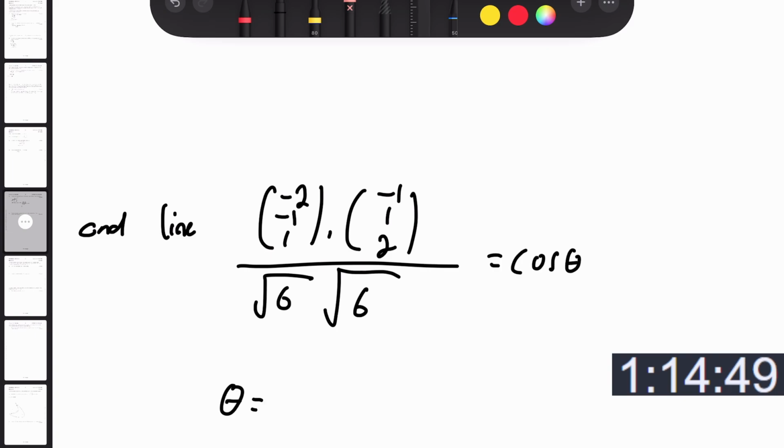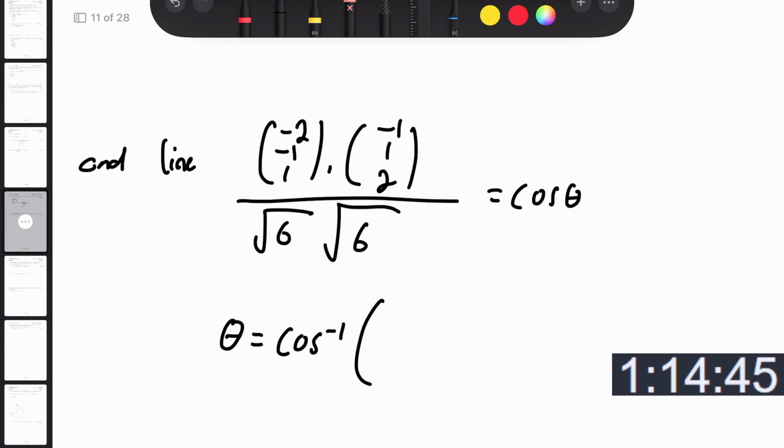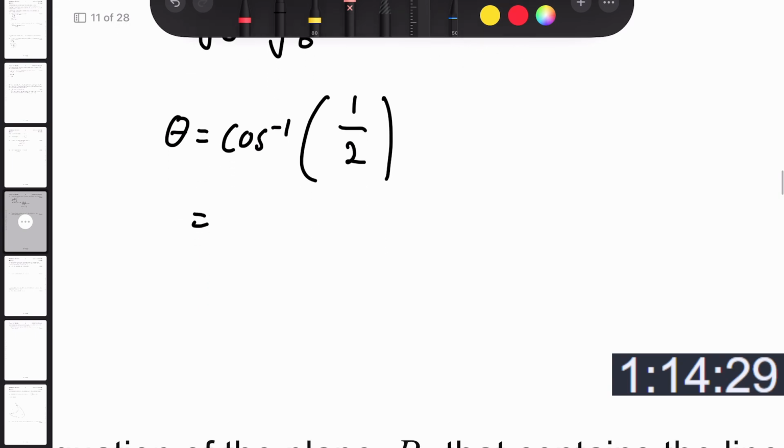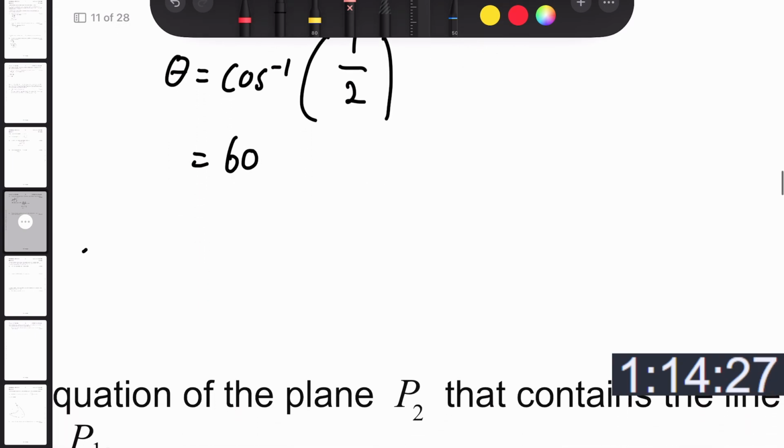So theta is going to equal the inverse cosine of 2, 1, 1. 2 minus 1 plus 2 is 3 and 6, so like half. And then this is 60 degrees.